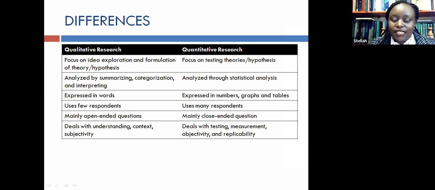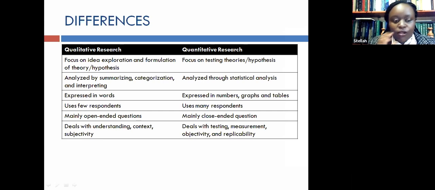For the qualitative, we normally use few respondents, and as you continue, you're going to see why exactly that happens. While the quantitative, you have the option of having several or many respondents. The qualitative normally uses open-ended questions, while the quantitative concentrates on closed-ended questions.